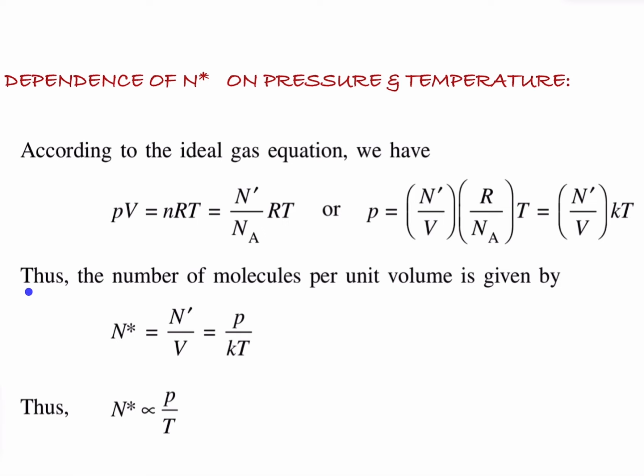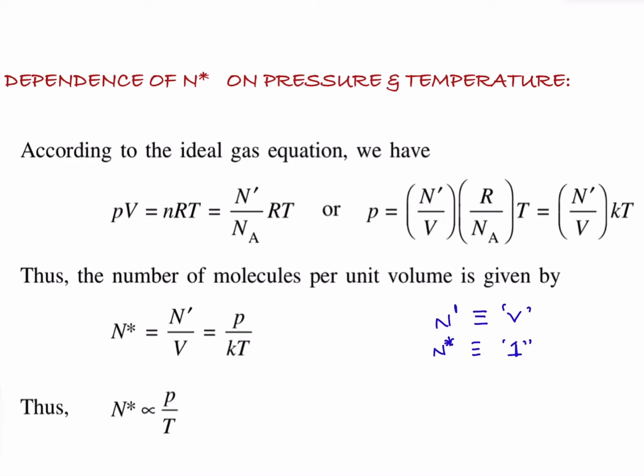Now we are going to find the number of molecules per unit volume. So here n prime number of molecules are present in V liters, for example. Now if you take 1 liter, how many molecules will be present? If you calculate, you will get the number of molecules per unit volume.